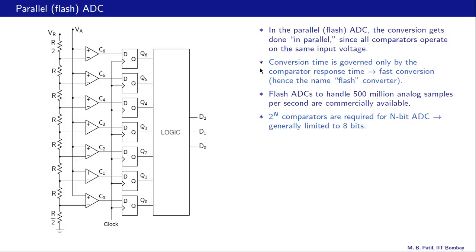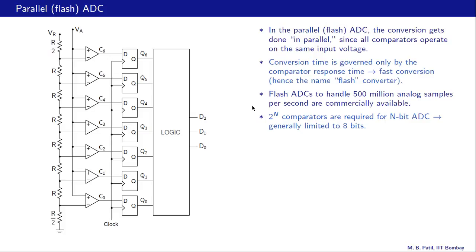Conversion time is governed only by the comparator response time, and that makes the conversion very fast. Hence the name flash converter. The conversion happens in a flash. Flash ADCs to handle 500 million analog samples per second are commercially available. So that is how fast these flash ADCs can get.